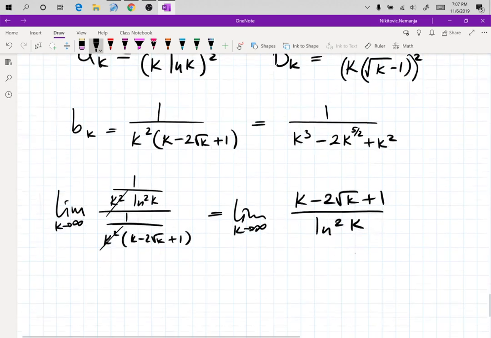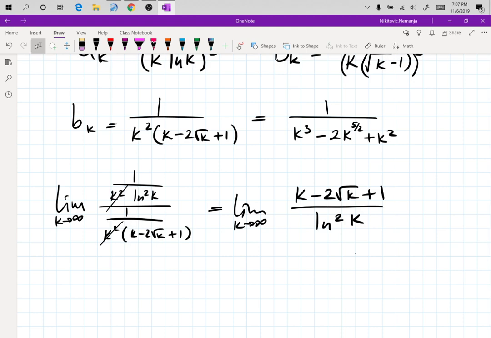And then, without taking 15 L'Hopital's rules, I'm just going to cheat real quick over here so we don't spend all night doing this.